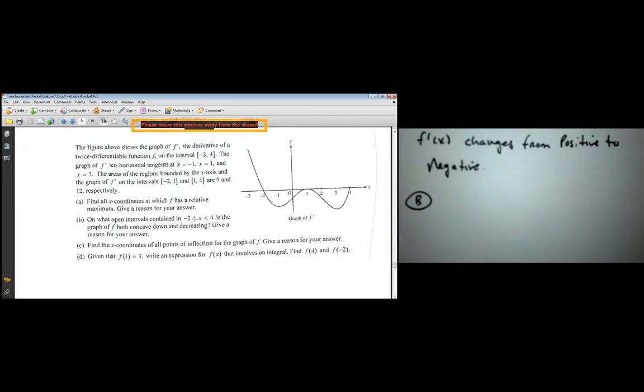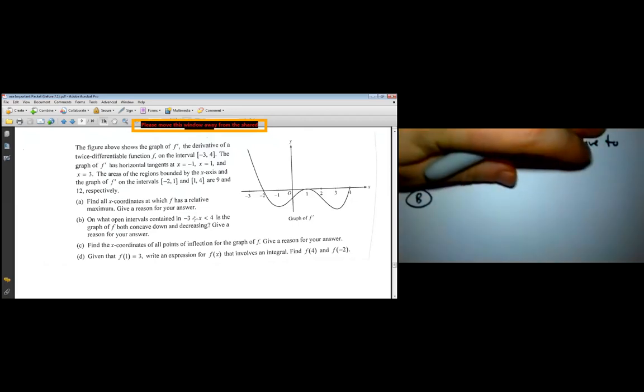No. Okay, so we want underneath the x and negative slope. Underneath the x and negative slope. -2 to -1, then 2 to 3. How about 1 to 3? -2 to -1 and 1 to 3.